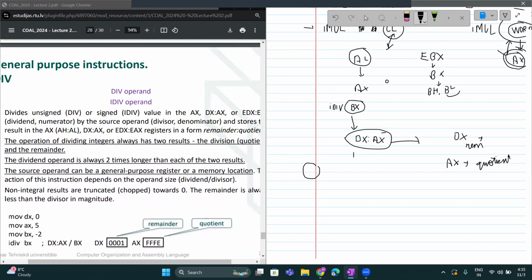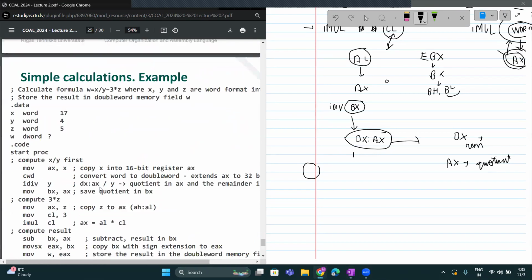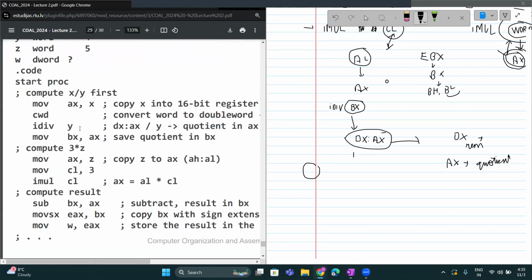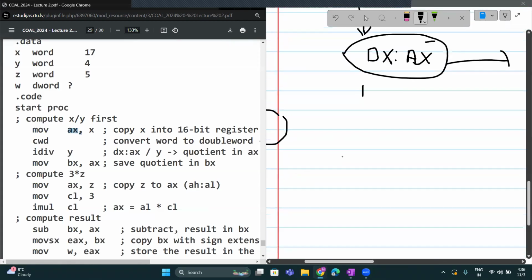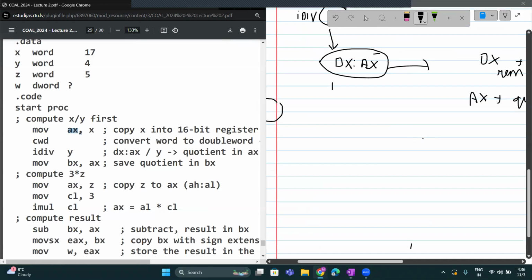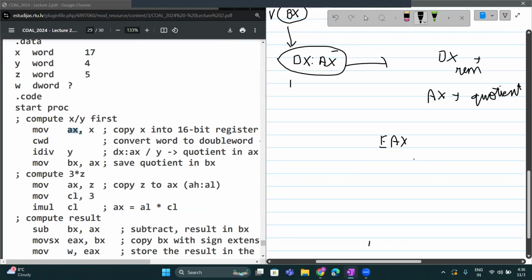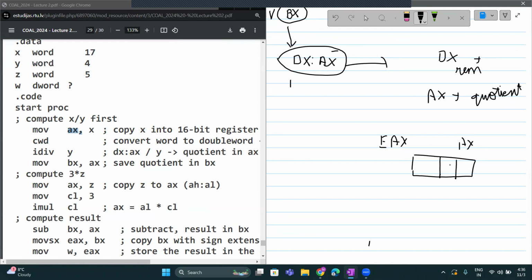But you wouldn't need to code this, you just need to know how to read. So let's try to read this code. What we are doing is copying x to AX. So let's try to decode this. AX has a half AH and AL.